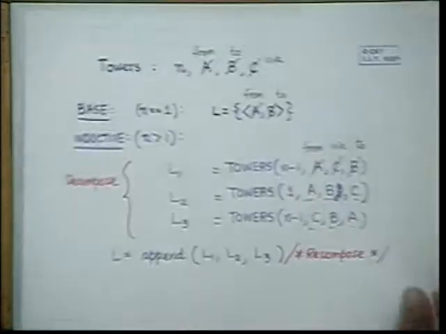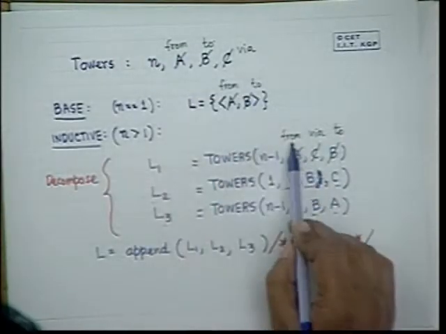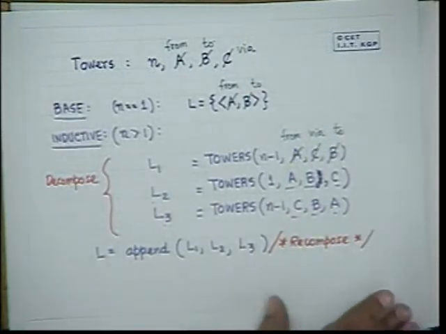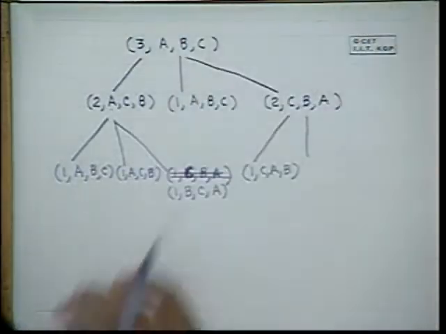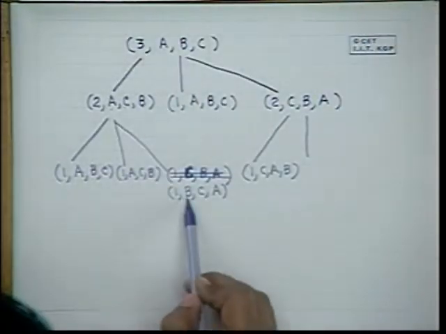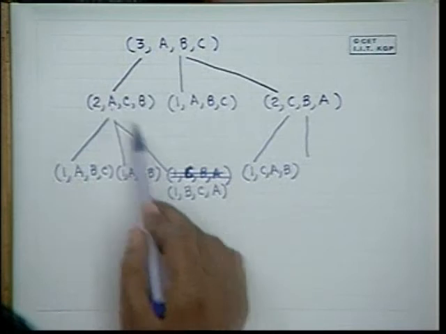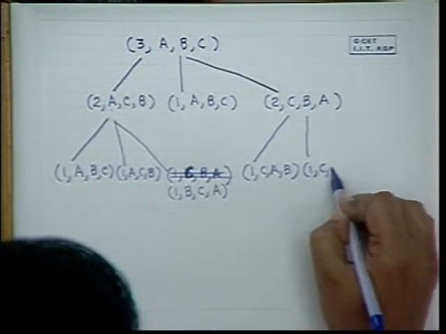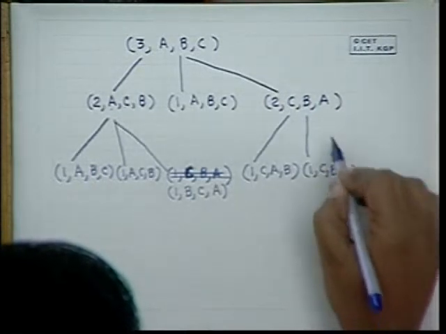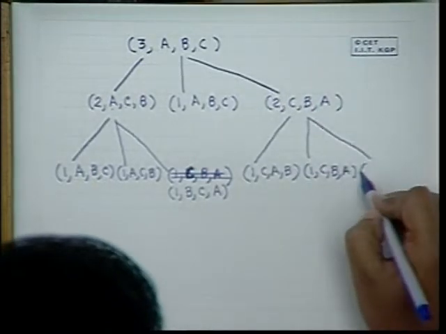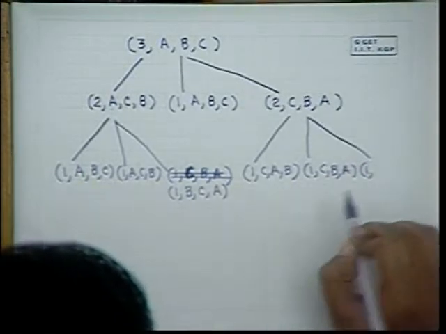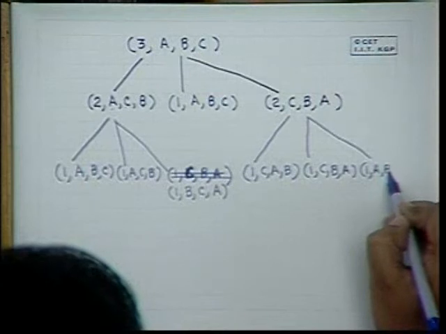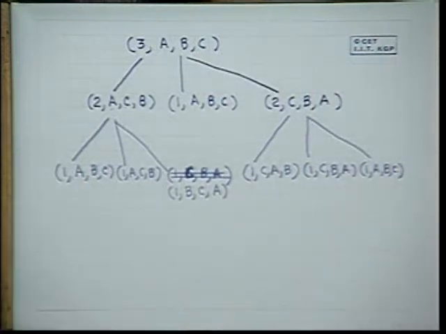Let's go back. This is from to via, this is from via to, and this is via to from. So this goes here, this goes here, and this goes here. That's fine. 1 C B A, and now let's get this one correct. This is 1 A B C. Okay.